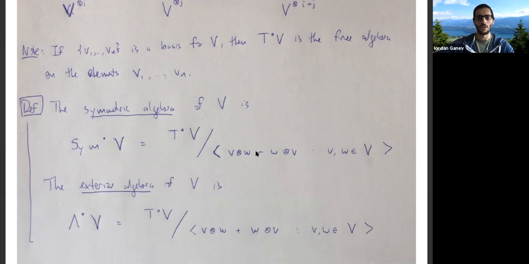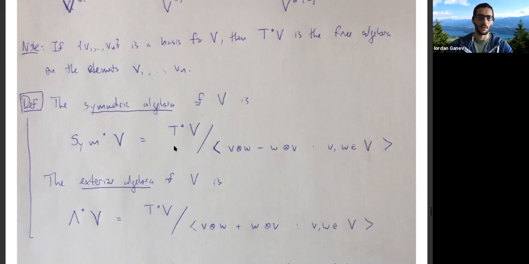But we take the ideal inside the algebra generated by this thing. So in particular, that'll be a homogeneous ideal, generated by something homogeneous of degree 2. And so the quotient will also be graded, and this dot indicates the grading.